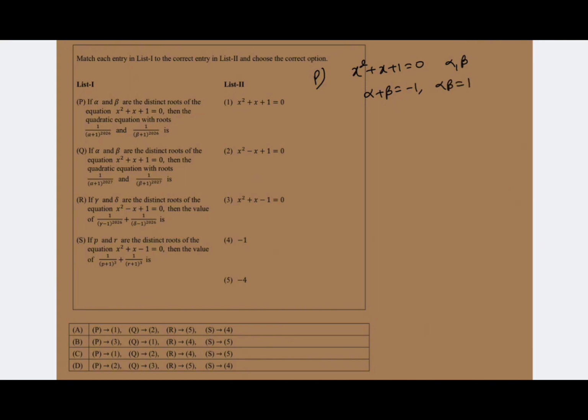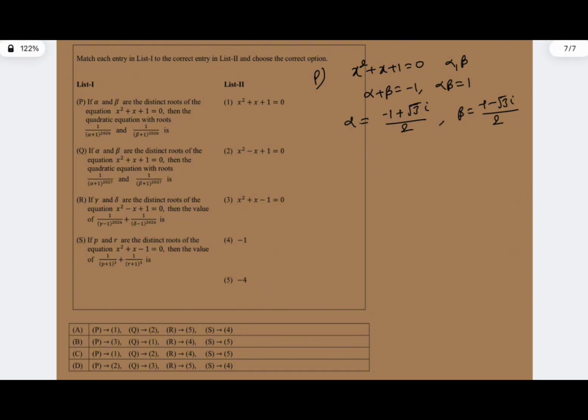And we can also find the values of alpha and beta. So let's say alpha is (-1 plus root 3 iota) by 2, and beta is (-1 minus root 3 iota) by 2.